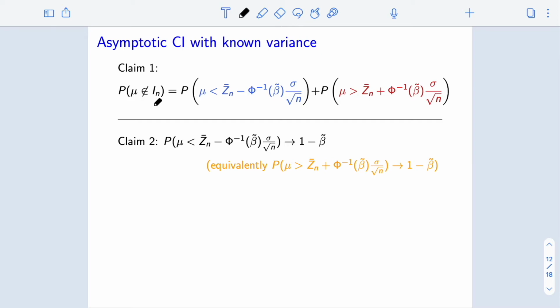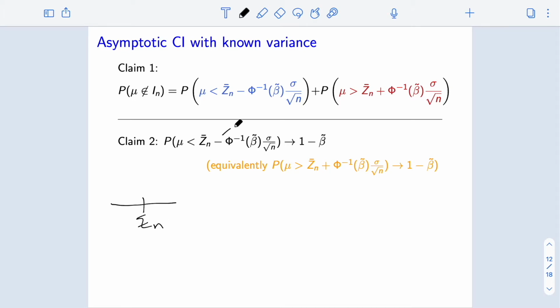All right, so now we have reduced this to looking at the probability that mu falls below the lower bound of the confidence interval, or equivalently above the upper bound of the confidence interval. The proof of these two results will look identical, so we're just going to engage with the top one. To begin, let's graphically look at this event and try to better understand it. If we imagine we have a number line, we have z bar n here.